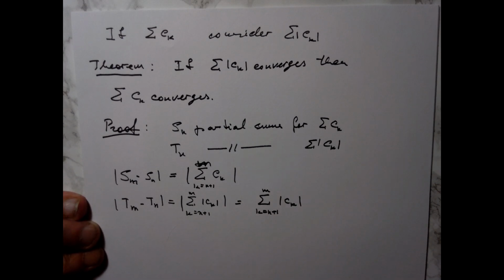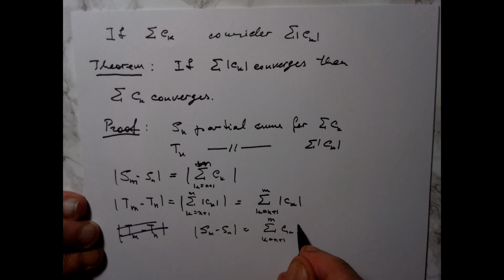And now we're going to use the triangle inequality, which we studied in the very first chapter, not in the second chapter, because we're just dealing with numbers. So S_m minus S_n is equal to the sum. Now this is a normal sum, there is nothing crazy about it, because it's a finite sum, and so this is less than or equal to the sum of |c_k|.